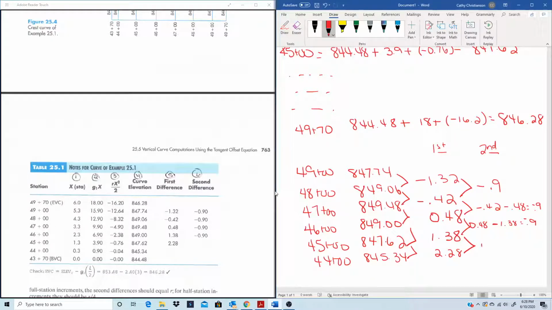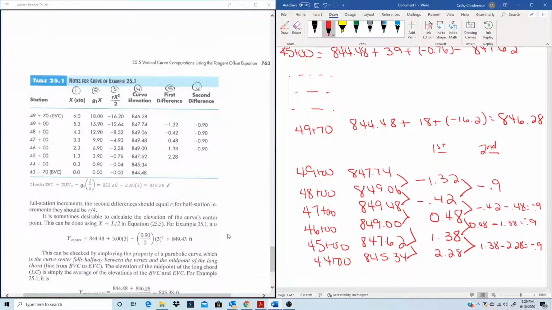And this one is 1.38 minus a 2.28, again, negative 0.9. So there's how I can check that all of my work is correct. That's definitely a way of checking your work and making sure that it is correct.